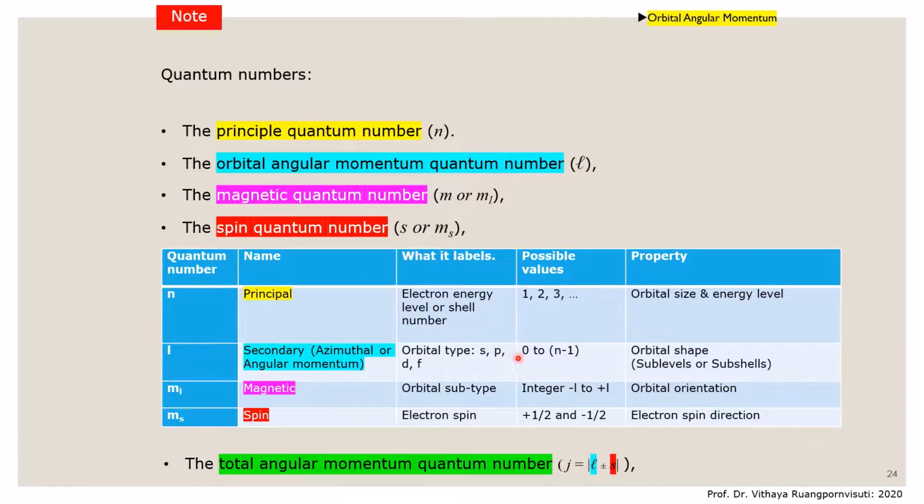For the angular momentum quantum number, it labels the orbital type as the s, p, d, f orbital. Its possible value is the integer from 0 to n minus 1. Its property is the orbital shape or sub-level or subshell.